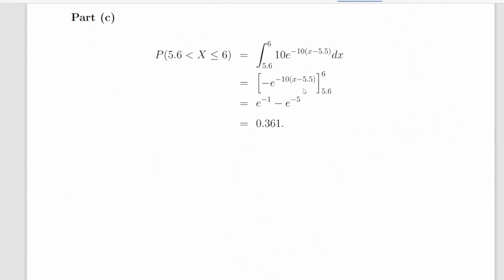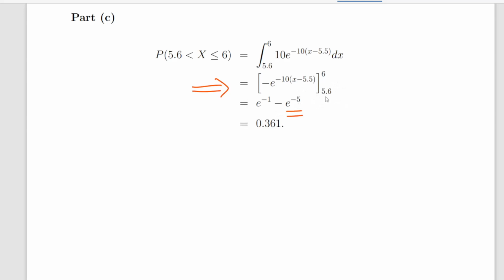And last one again, we can go straight here because it's essentially just different limits of integration each time. Working this out, when we evaluate it at 6, we get minus e to the minus 5.